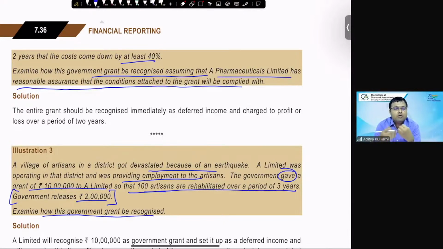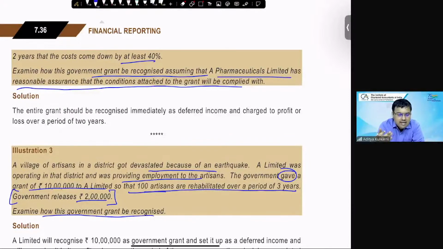I will help to rebuild their houses. I will ensure that the families of these 100 artisans over the next 3 years are set up, and we give them the support that they want so that they will be able to commence their works as soon as possible. So that is something that we are committed to do.